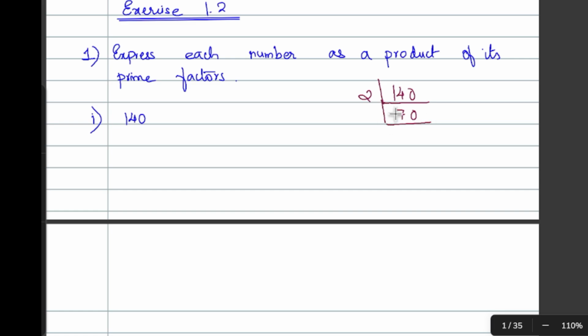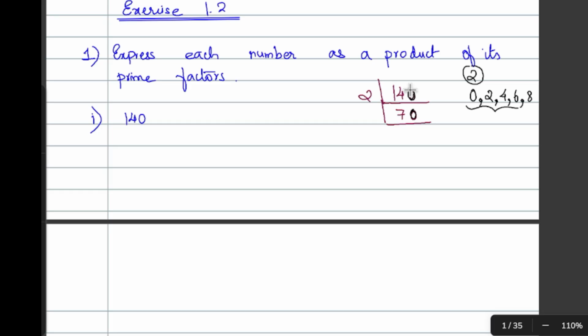Again, if I'm dividing, since the ending digit is 0, we have learned in previous years that if the ending digit is 0, the number is divisible by 2. For a number to be divisible by 2, it should have either 0, 2, 4, 6 or 8 as the last digit. If any of them comes, we can tell it's divisible by 2.